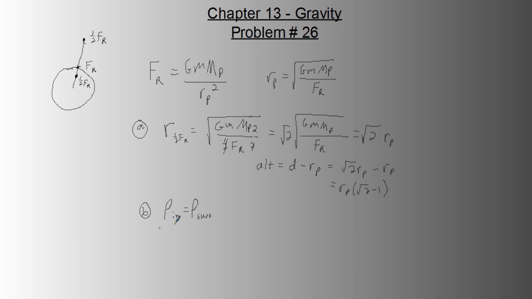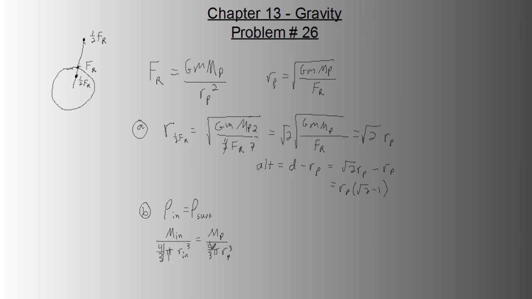Density is mass divided by volume. So this becomes mass inside over 4/3, the volume of a sphere, 4/3 pi r inside cubed, equals mass of the planet, because at the surface you get the mass of the entire planet, over 4/3 pi r planet cubed.